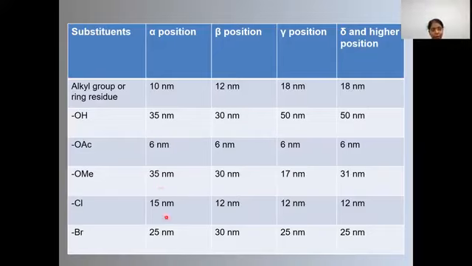Chloro, when chlorine is present on alpha, then it has 15 nanometer increment, and at beta, gamma, or delta, anywhere else, the increment will be 12 nanometer. For bromo or bromine, when it is on the alpha position, 25 nanometer. When it is on the beta position, 30 nanometer. For gamma and higher, it is 25 nanometer.